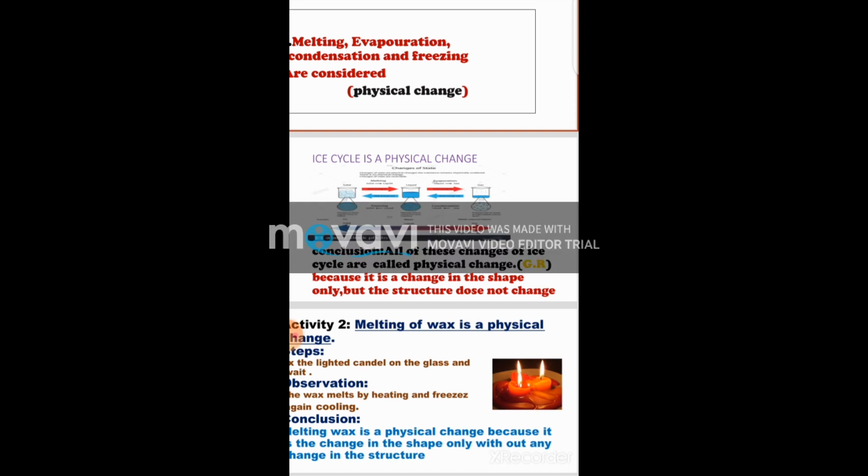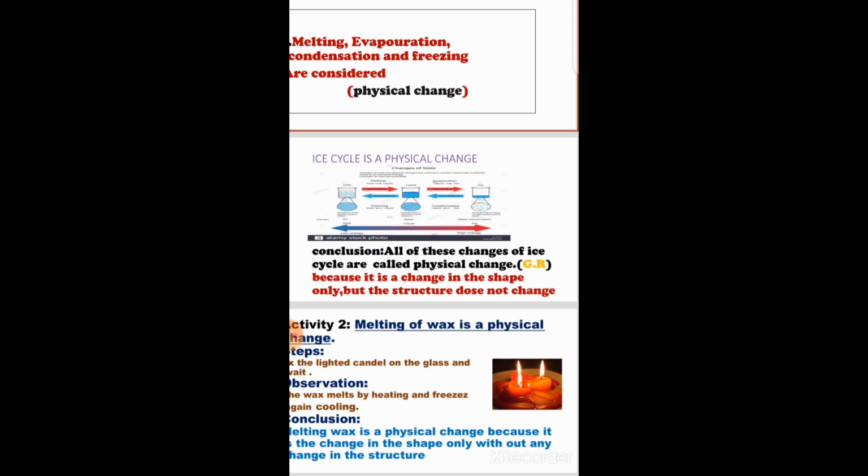We observe ice changes to water by heating. It's a melting process. Continue heating, the water changes to water vapor by heating. It's the evaporation process.